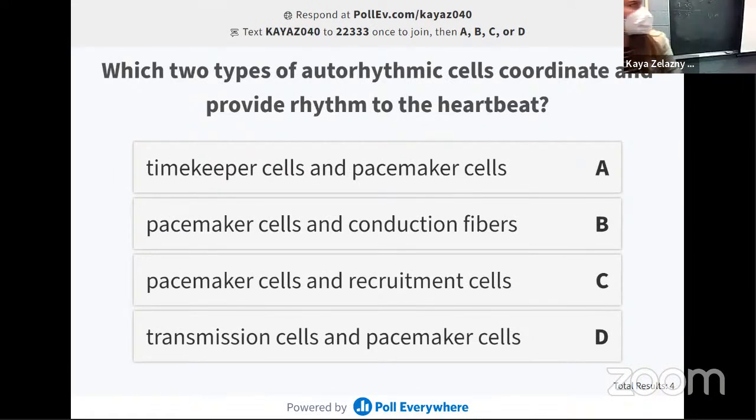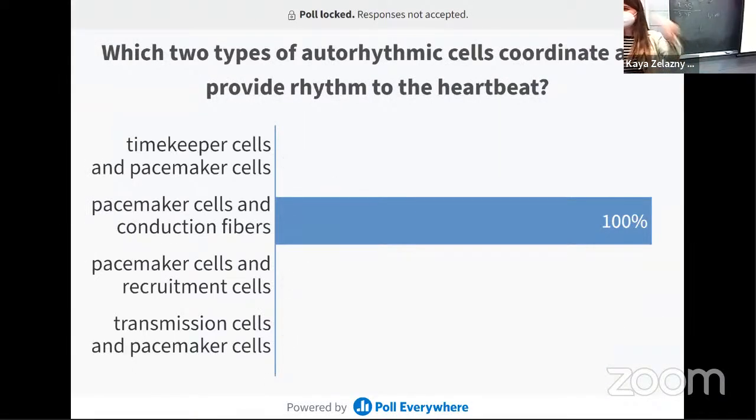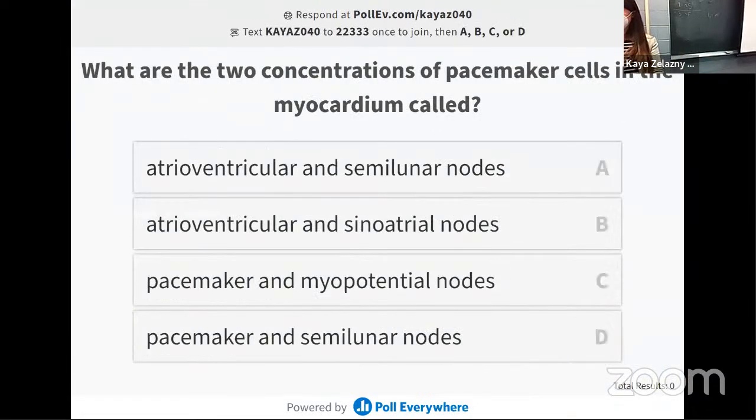Make good guesses. Or answers. Great. Yeah, we have our pacemaker cells and our conduction fibers creating this rhythm. So where are those pacemaker cells? Seems like we're all on the same page. So that's great. Hopefully this one's easy too.